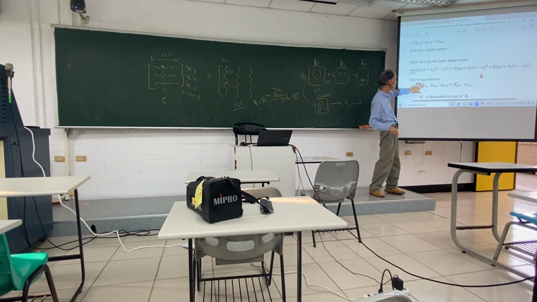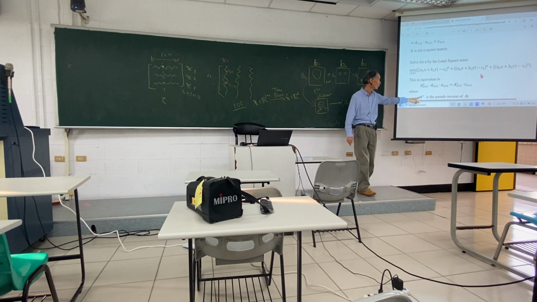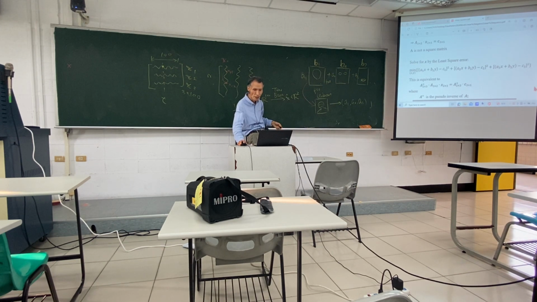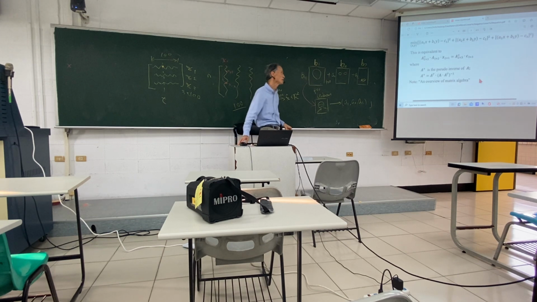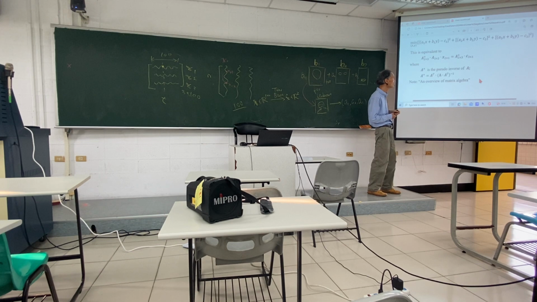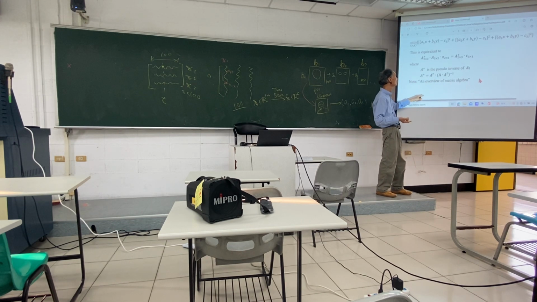So you find the pseudo inverse of A, which is 2 by 3, times 3 by 1. A plus means the pseudo inverse of A, and you can find it with this equation: A transpose times A becomes a square matrix, then we take the inverse, then times A transpose.